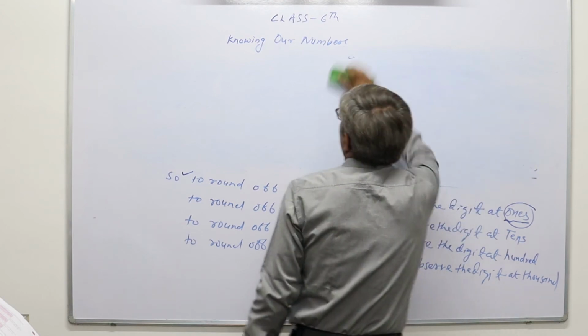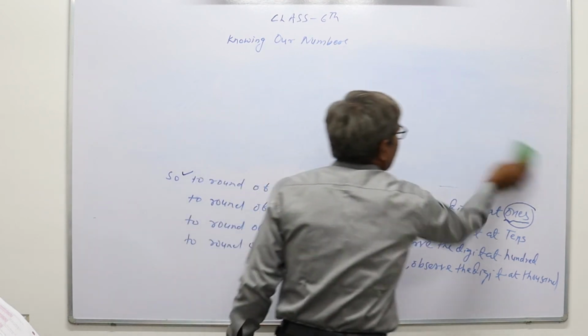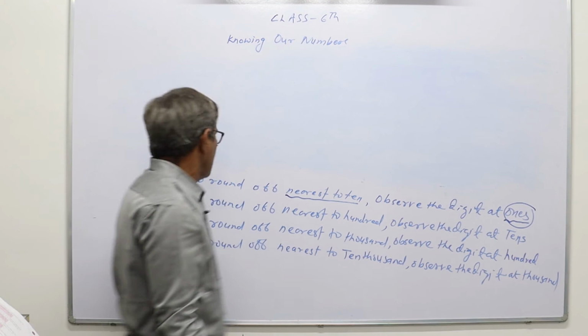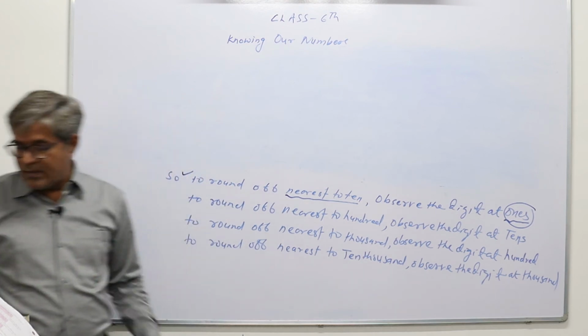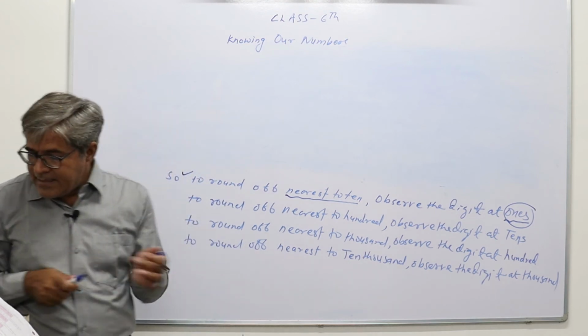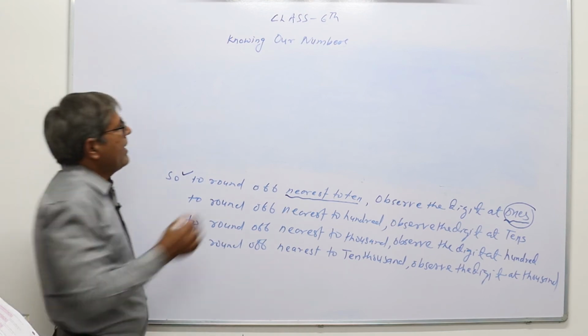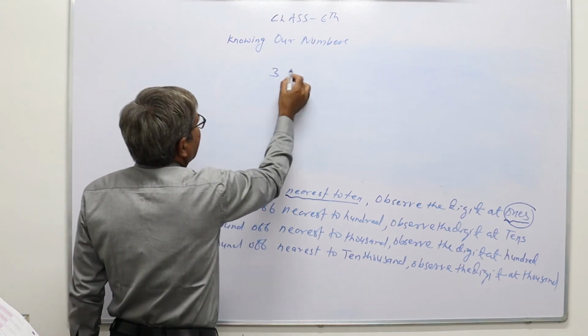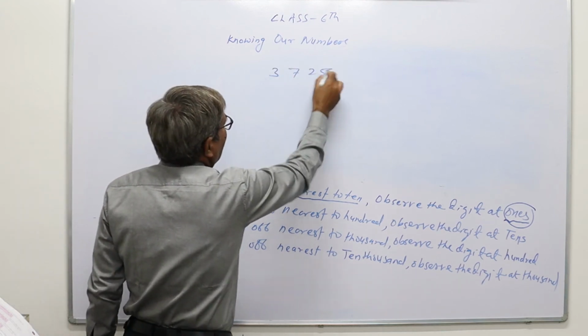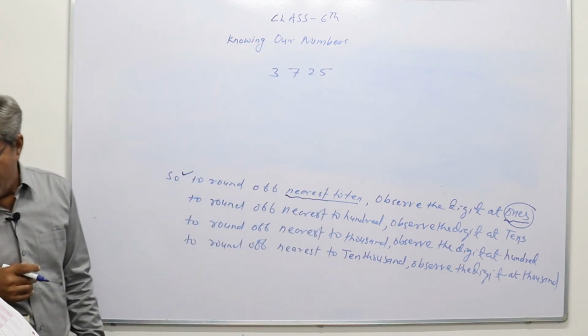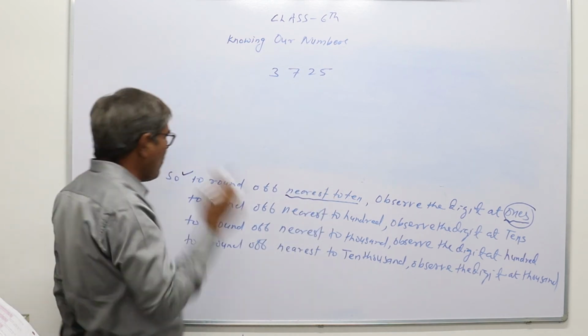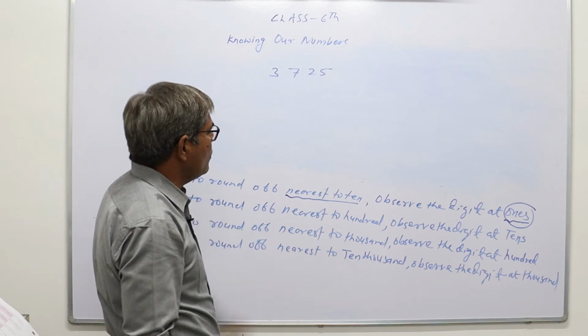So now what do we have to do? We are taking one more example to round off nearest to 1000. One number is given, 3725. What you have to do is round off nearest to 1000.